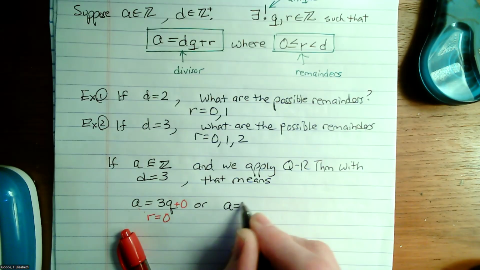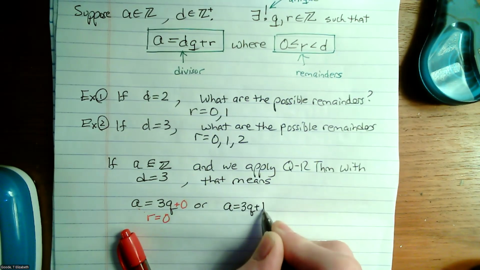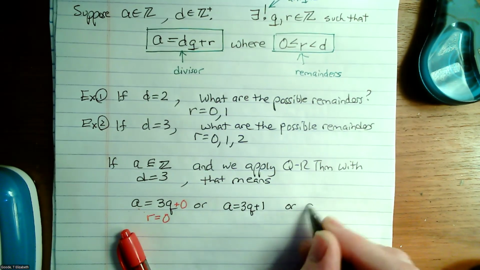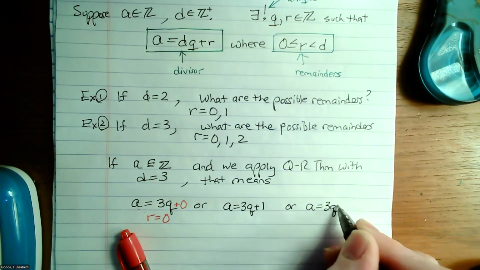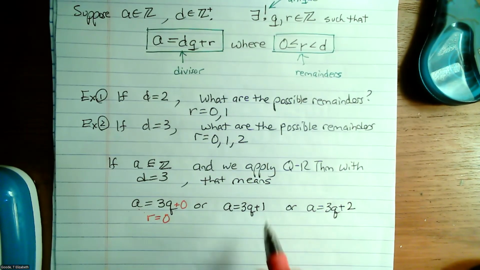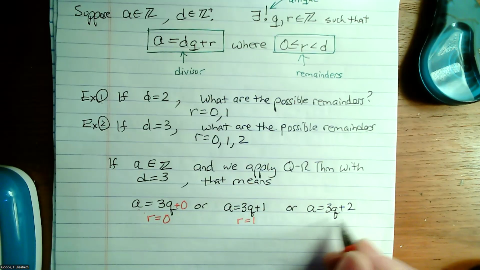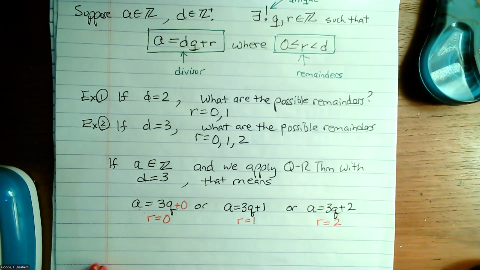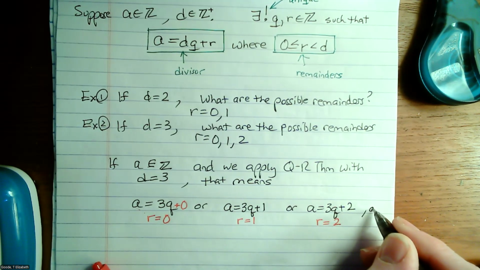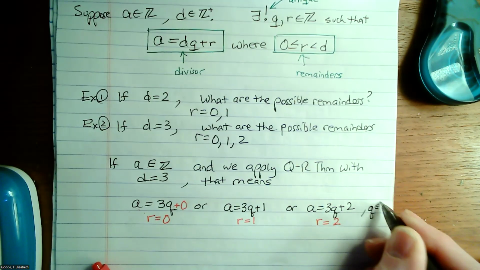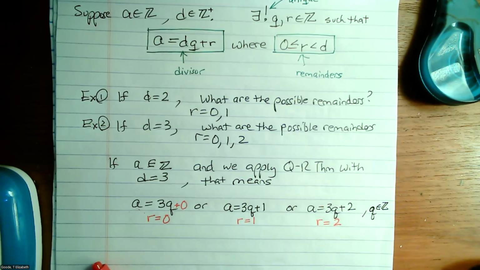Or A could equal 3Q plus 1, or A could equal 3Q plus 2, right? A will look like 3Q plus 1 in the case that the remainder is 1. A will look like 3Q plus 2 in the case that the remainder is 2. Here, Q is an integer in all of these, okay?